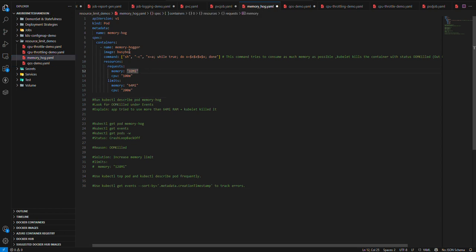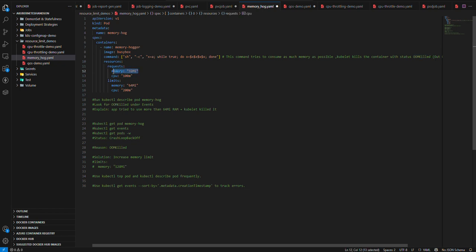There is one pod, its name is memory hog, and I'm running a command. Basically this command is going to consume as much memory as possible. Then Kubernetes will kill the container with a status called OOMKilled.